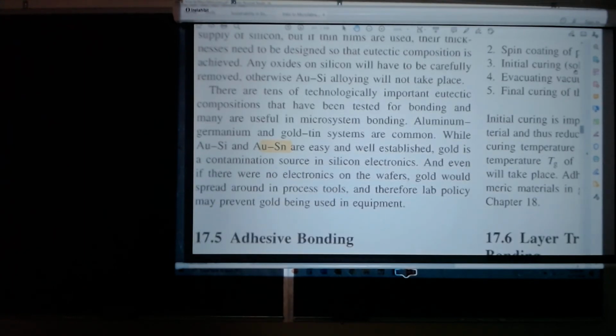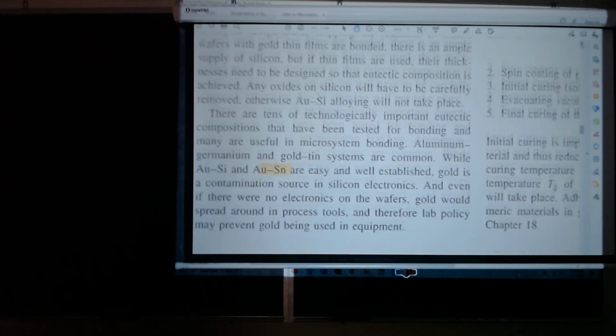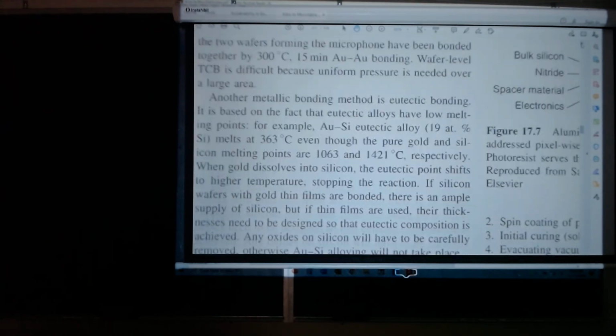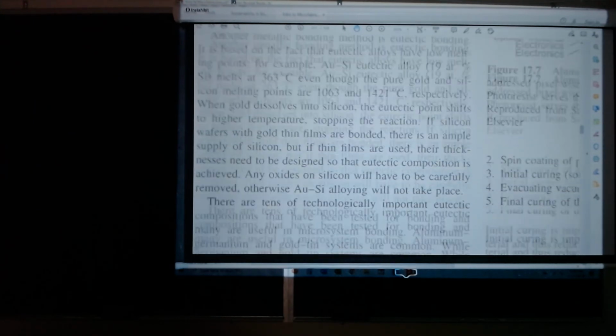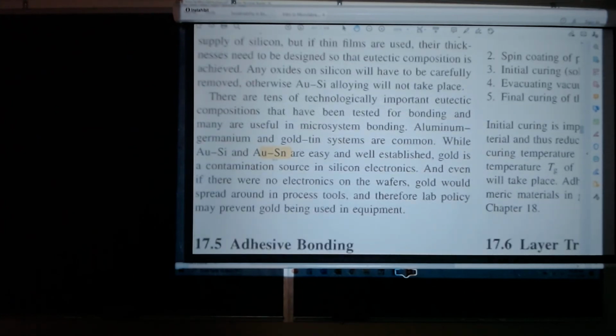Now, eutectic basically refers to an alloy. I've never used gold silicon, but I wanted to highlight gold tin as basically a low temperature alloy of gold that is frequently used as a bonding material.